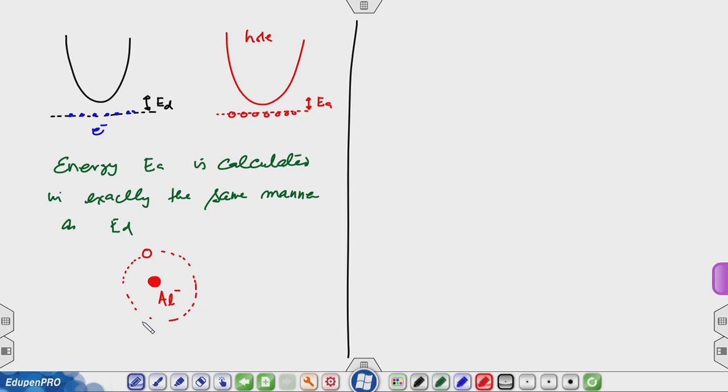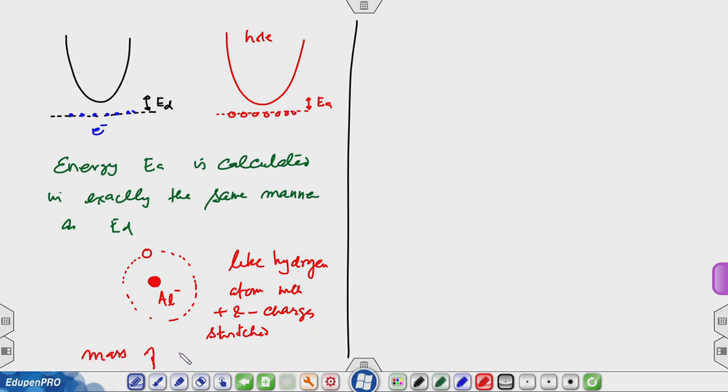So, this is also like a hydrogen atom with positive and negative charges switched. And the mass of the hole is going to be m h star.